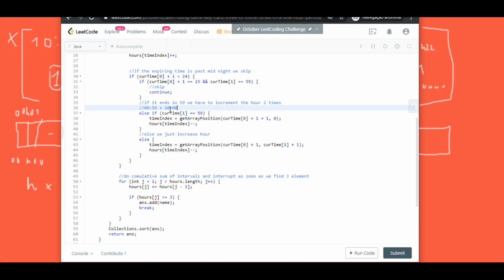But this is only 1 minute after, so this is not 1 hour later plus 1 minute. We need to do something more, which is to increment 1 hour more. This is what is written in here.